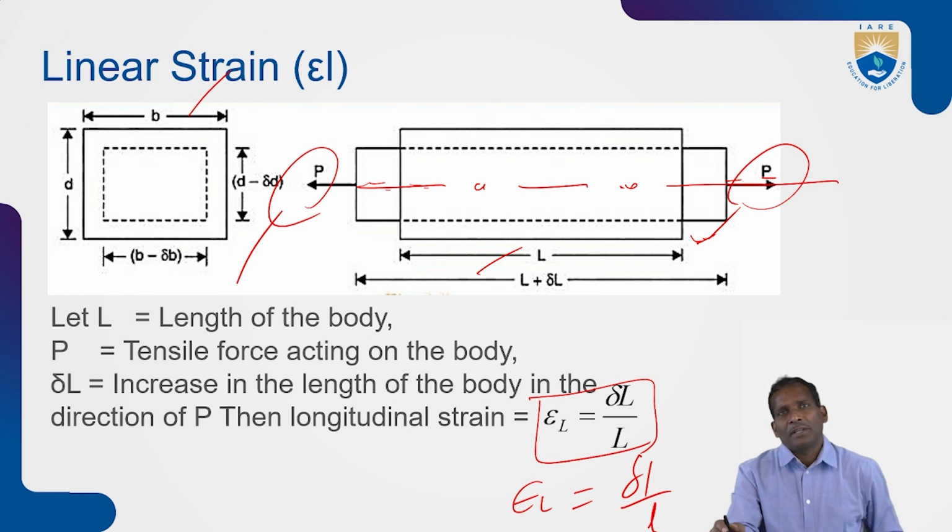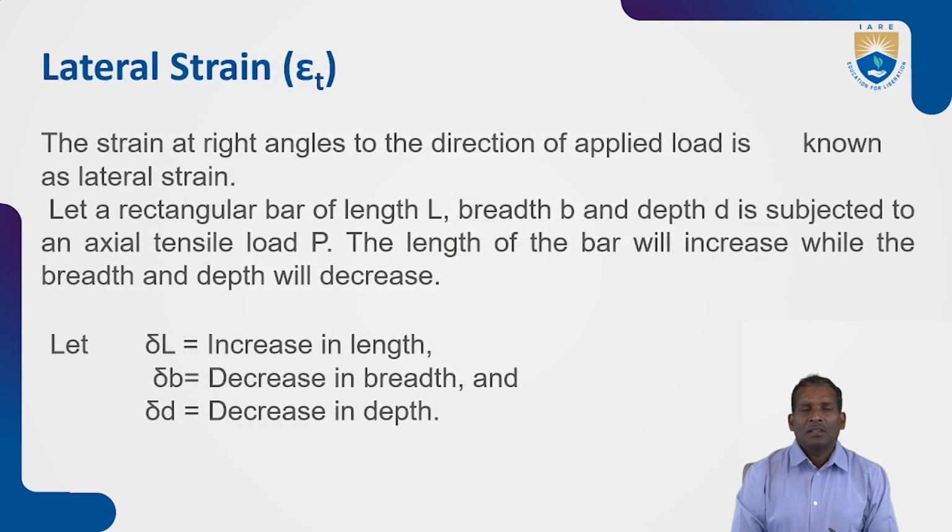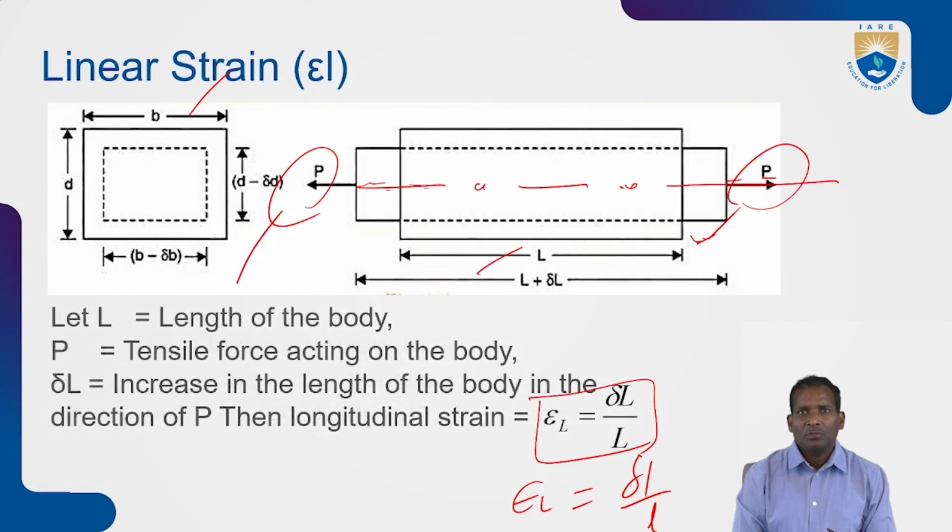The diameter will decrease, so we have the original diameter and delta D. Length increased and diameter decreased. In this case, linear strain is equal to change in length by original length. Clear?